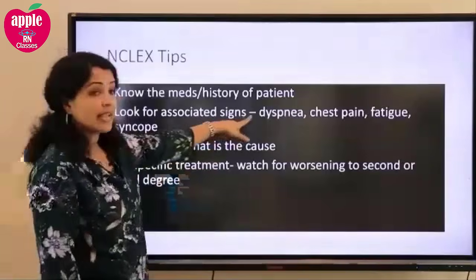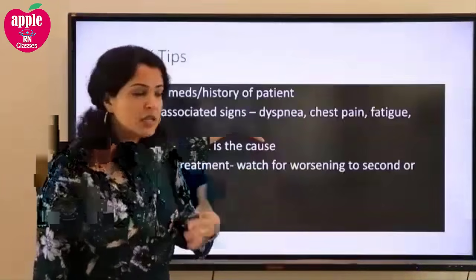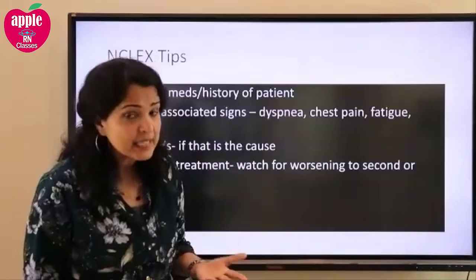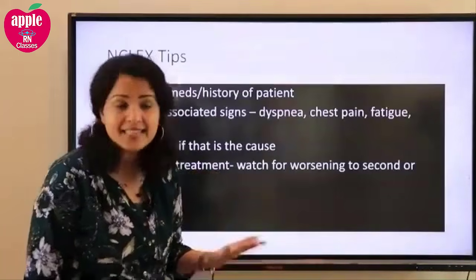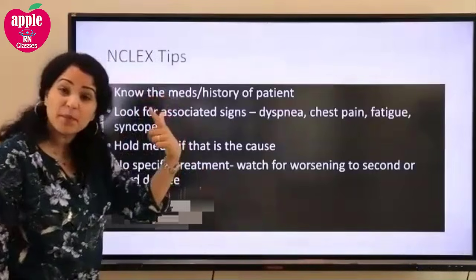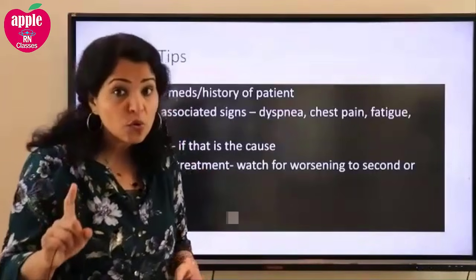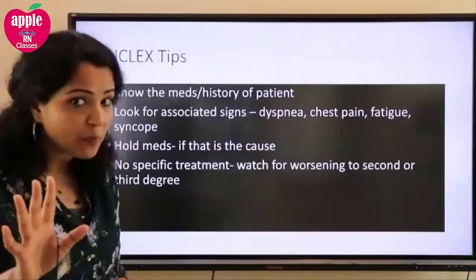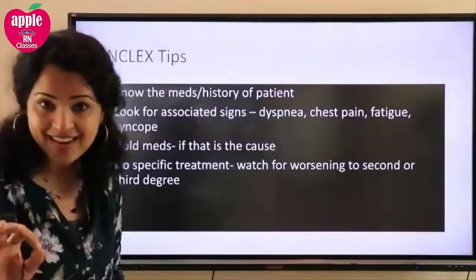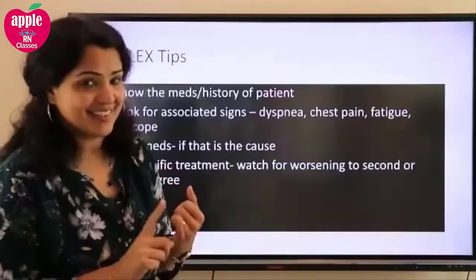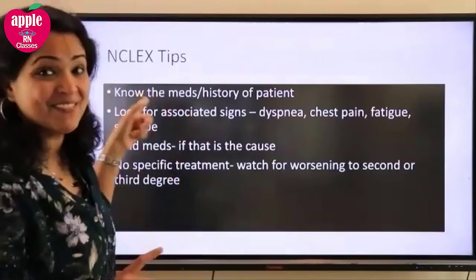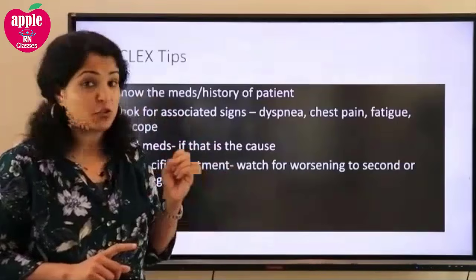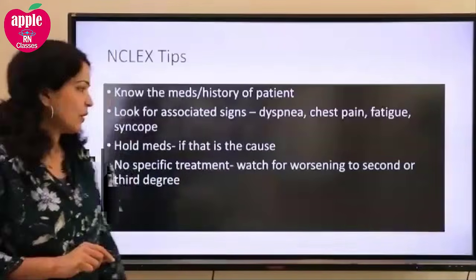If they are saying they have dyspnea, like shortness of breath, or chest pain, or if they are always complaining of fatigue or weakness or malaise, or if they are having a syncopal episode, those are clues telling you this is not something normal, there is something else going on. That's when we know this is not something we are just going to let go. We need to intervene, we need to do something, right? But most of the time it will be okay.